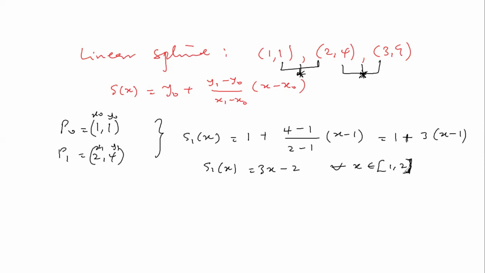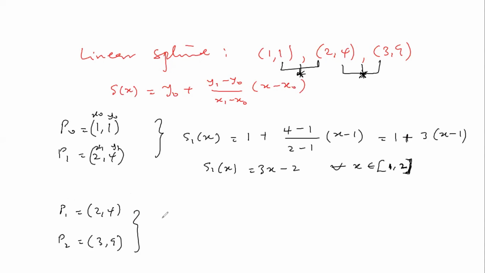So this is x0, x1, okay? Now for the second point, we can say P1 is the same as (2, 4), and then P2 is the same as (3, 9), okay?